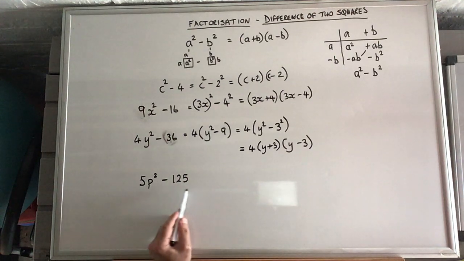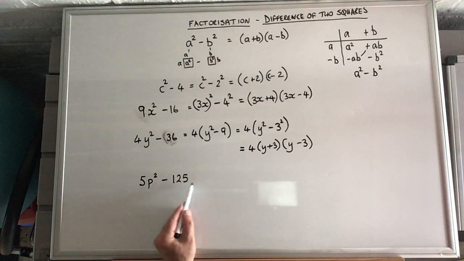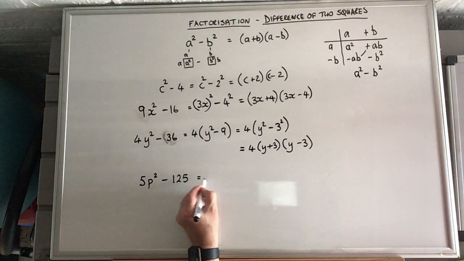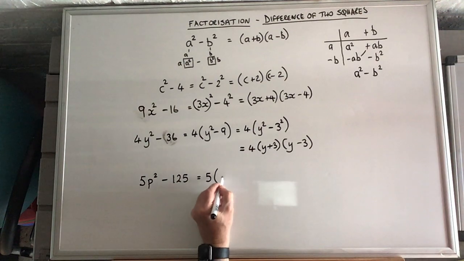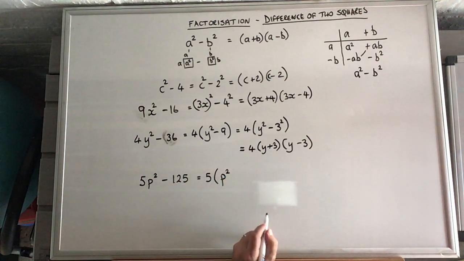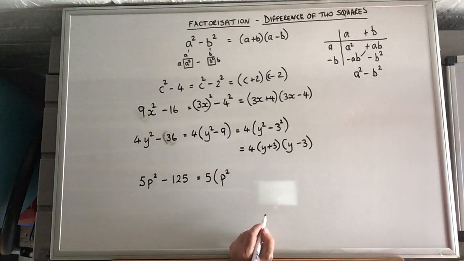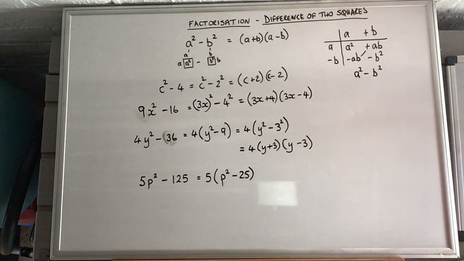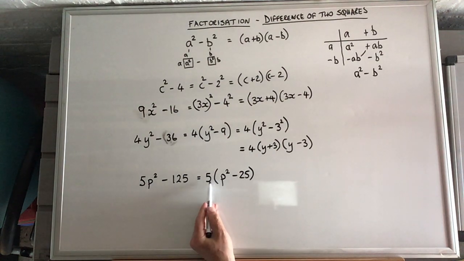Looking at it, that's not a square number, so we're looking to take something out as a common factor. Oh, we can take 5 out as a common factor. That's going to leave me p squared, and 5 into 125 goes 25 times.